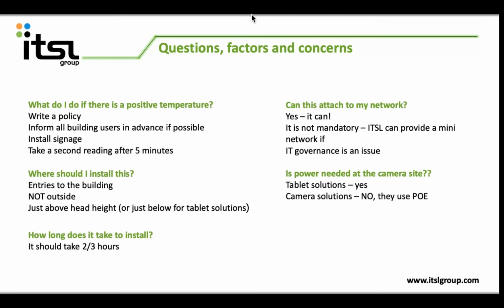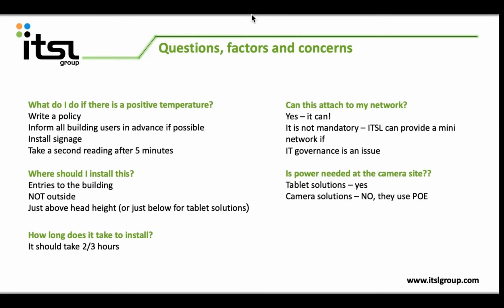This question does come up a lot, and we say it's important that you write a policy around what you're going to do in this situation. So think about it well in advance of even ordering a camera, think about how you're going to use the technology and set up some rules around it. That policy should be sent out to all building users in advance if possible.